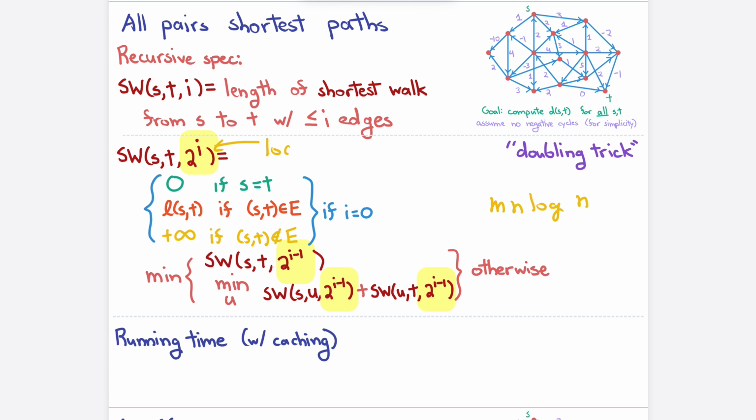Okay, so there's log N powers of 2 between 1 and N. Okay, so that's the log N. And now where's MN coming from? Well, so naively, there's N choices of S and N choices of T. Right? So actually there's N squared log N subproblems: N choices of S, N choices of T, and then log N of these edge counts, because we're doubling.